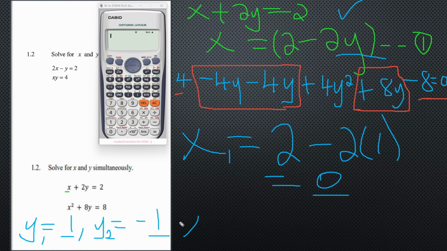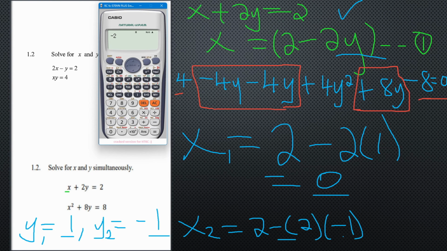So x2 is equals to 2 minus 2, and then y will be -1, meaning that -2 times -1 will be positive, and then 2 plus 2 will be 4. That's what I'm trying to imply.